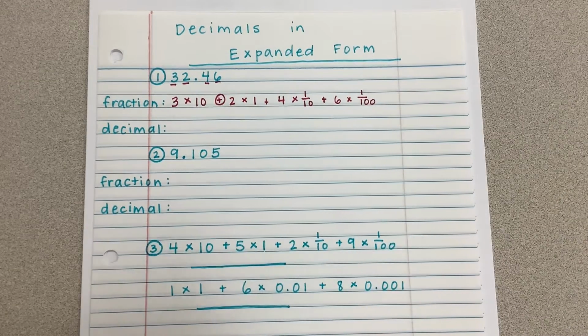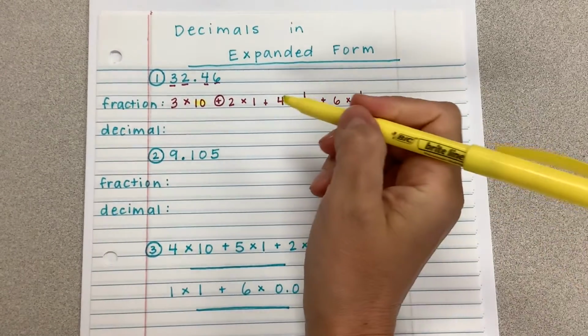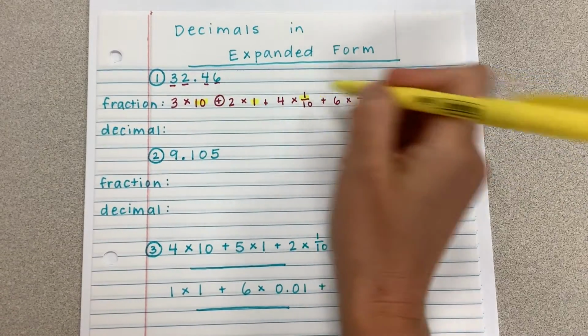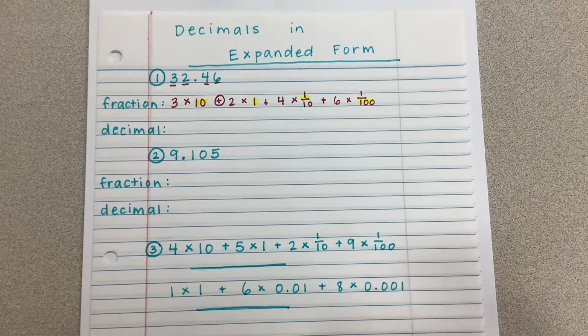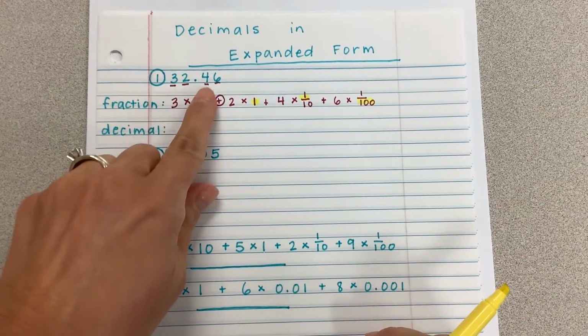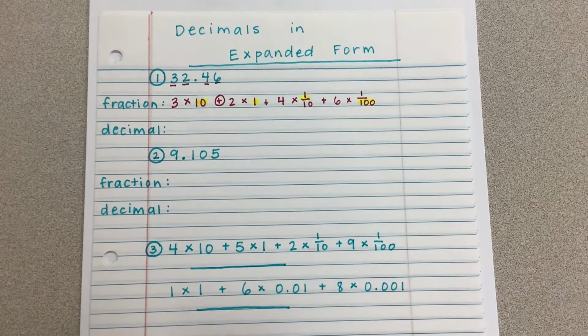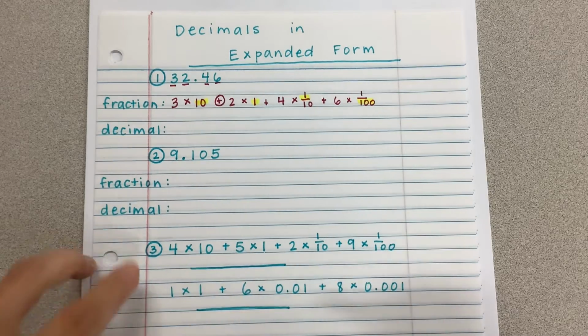And then sometimes, just to make sure that my students understand our place value, I like to remind my students that each of our place values are tens, ones, 1/10, and 1/100th. I just like to highlight them so I can point out each one of these digits is being multiplied by its place value.